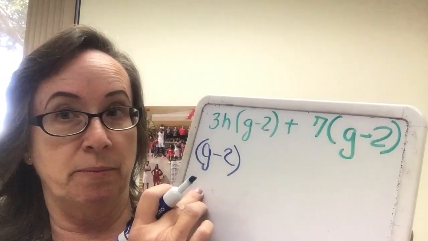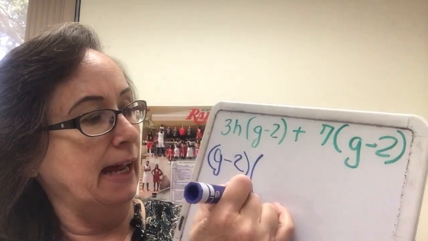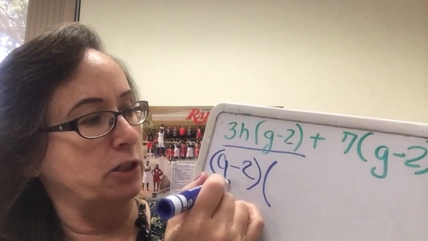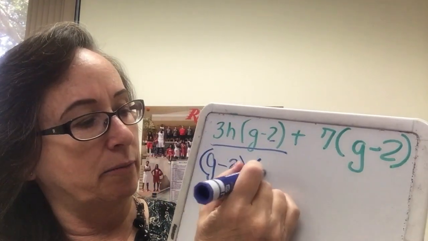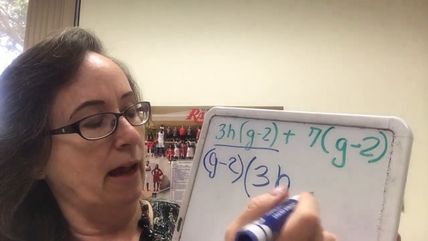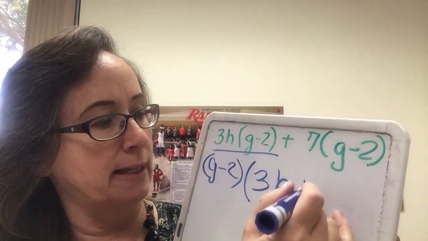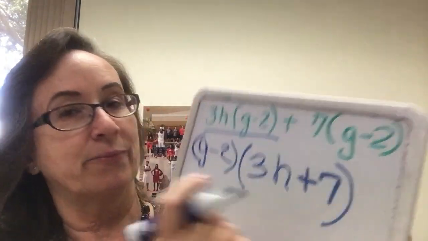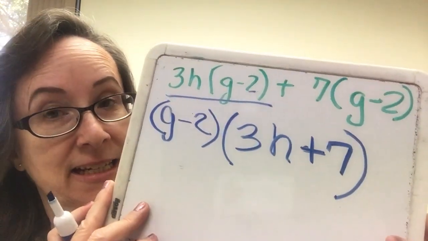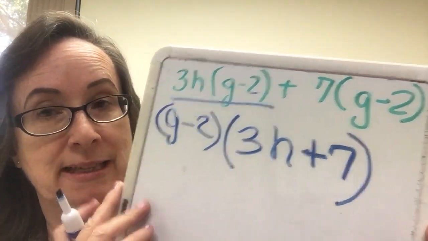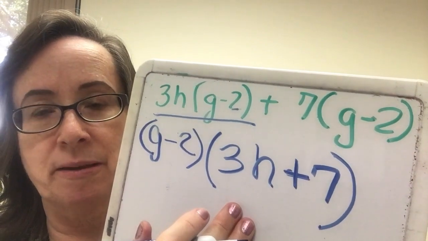So now I'm going to pull the g minus 2 to the front, and when I divide this whole thing by g minus 2, I end up with a 3h. And when I divide this whole thing by g minus 2, I end up with a plus 7. And that is factored now because I have something times something else.